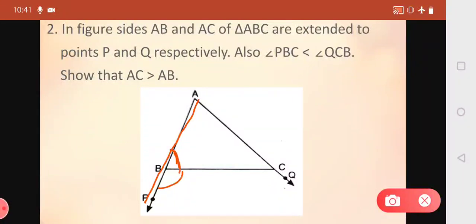When we add these two angles, we will get 180 degree. Similarly, here also we will get angle ABC plus angle QCB. This is our angle QCB, that we will get 180 degree according to linear pair axiom.